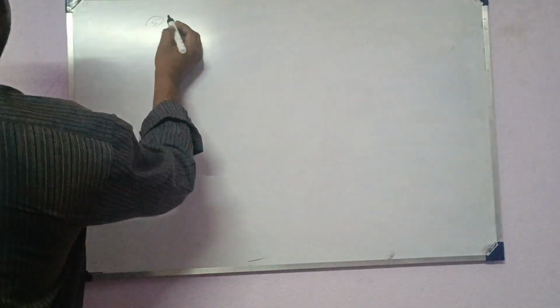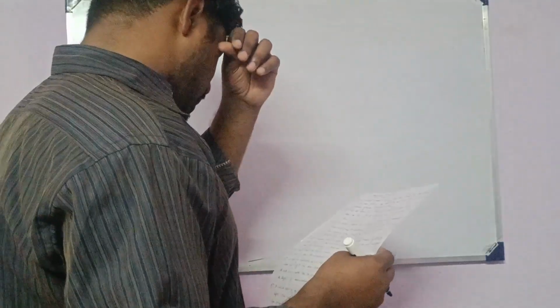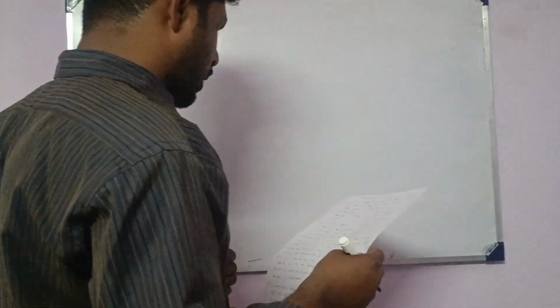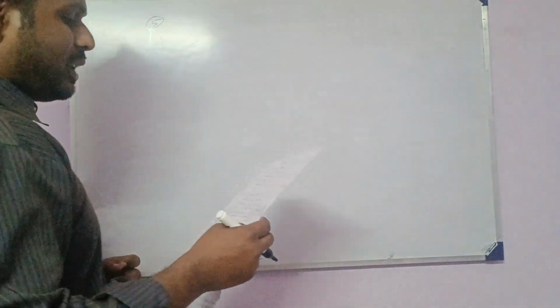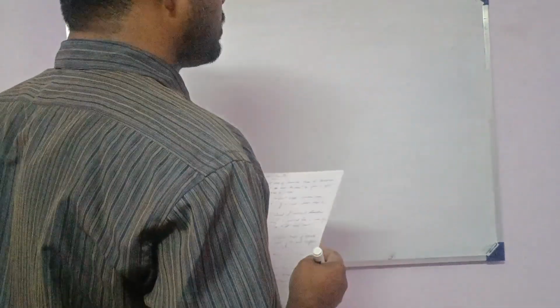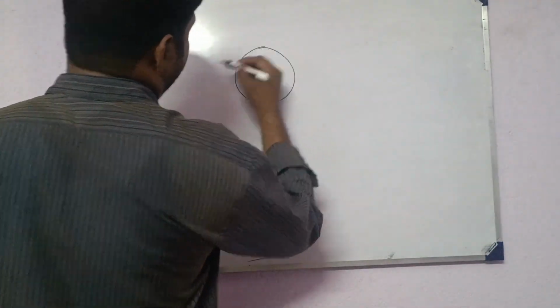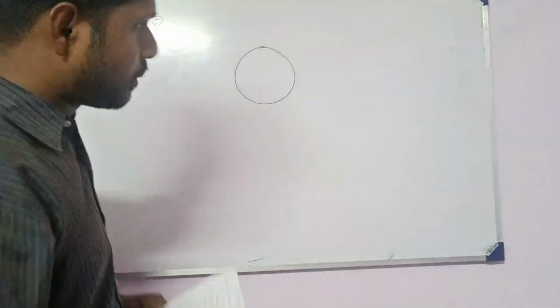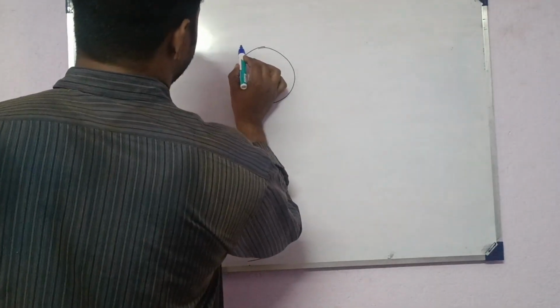Sum number 5. Prove that the surface area of a sphere is equal to the curved surface area of the circumscribed cylinder. Circumscribed cylinder, তাহলে একটা স্ফিয়ার আছে, the sphere is circumscribed by a cylinder.